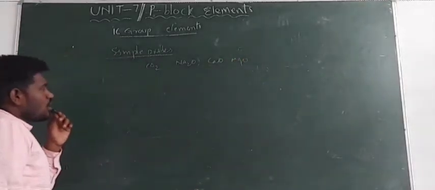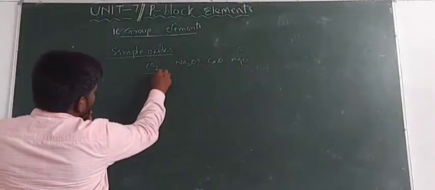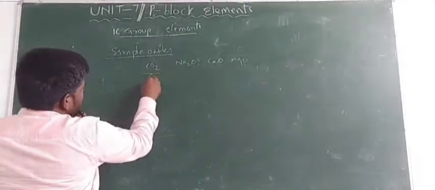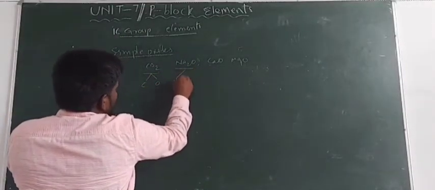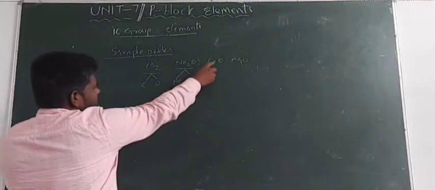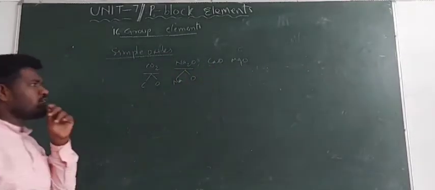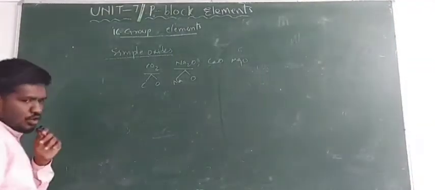Here these all are simple oxides. CO2 is a binary compound of oxygen and carbon, Na2O is made up of sodium and oxygen, and CaO is made up of calcium and oxygen. So these are examples for simple oxides.